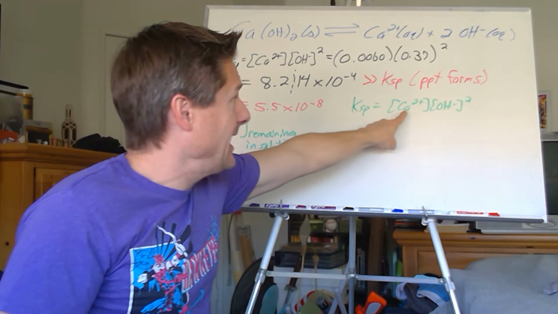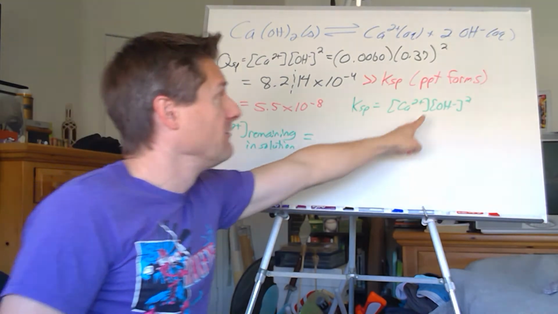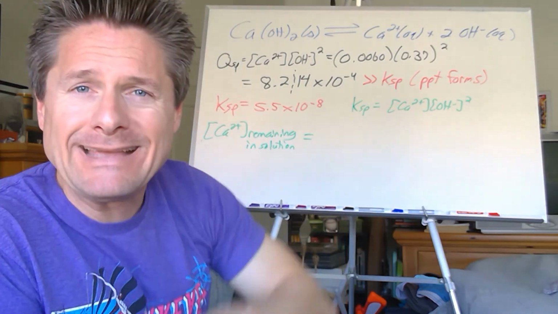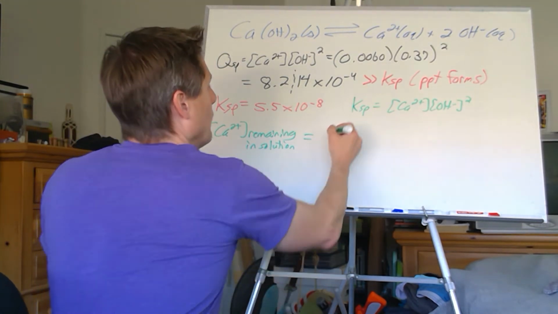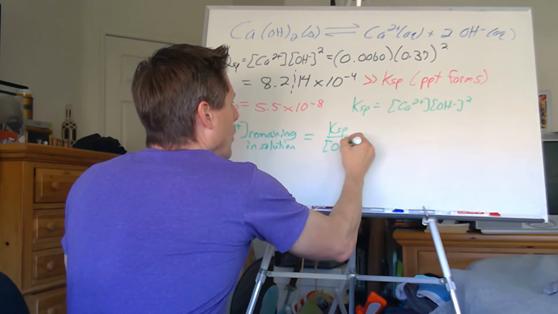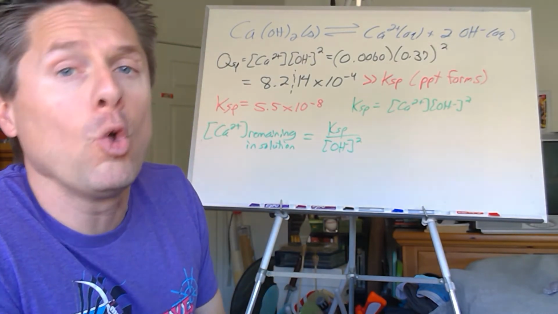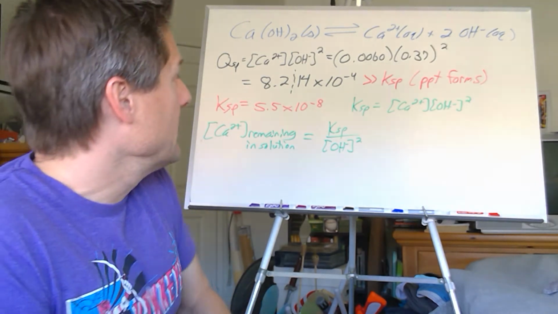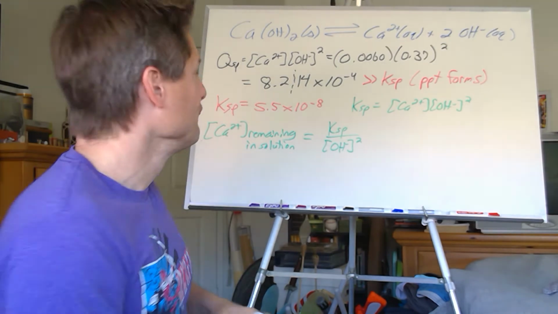So can you see that the calcium ion remaining in solution will be the KSP value divided by that relatively constant hydroxide ion concentration from the buffer. So that will be KSP over the OH minus squared. That's why with these problems, they commonly hold one of those constant, to make this a little bit easier. Otherwise, it becomes a daunting problem.